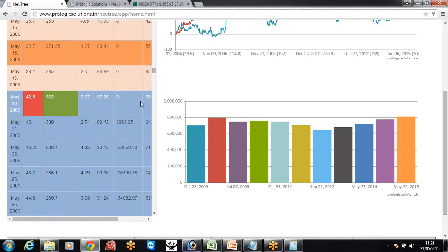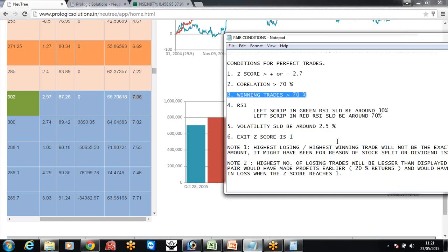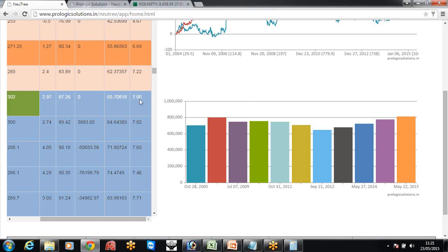The reason is, one is that this should be 70% and above. Your volatility here is 7%, which we should not definitely have. Volatility should always be around 2.5% only. So this is three, 4 times the volatility.